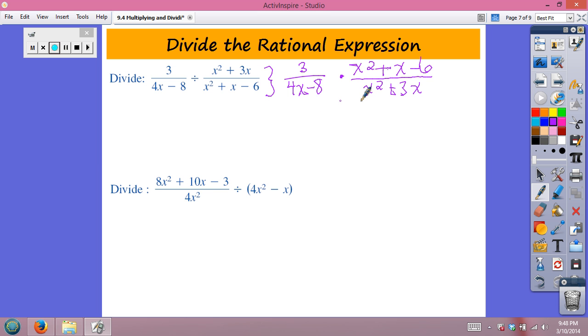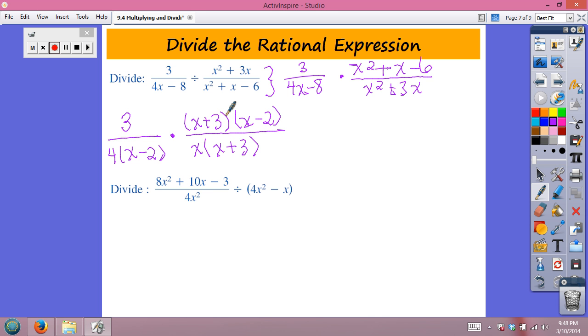So if we then factor this other side, we're going to get 3 over, take a 4 out of the base, we get x minus 2, times, if we factor this top, we can get x plus 3 and x minus 2 all over x times x plus 3.